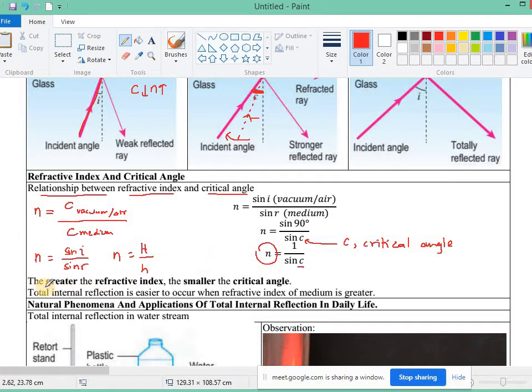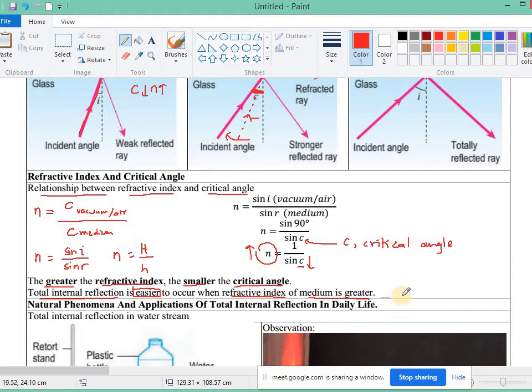So from here, the greater the refractive index, the smaller the critical angle. That means if the refractive index of the medium is bigger, the critical angle will be smaller. So what does this mean? This means total internal reflection occurs more easily when the refractive index of the medium is greater.